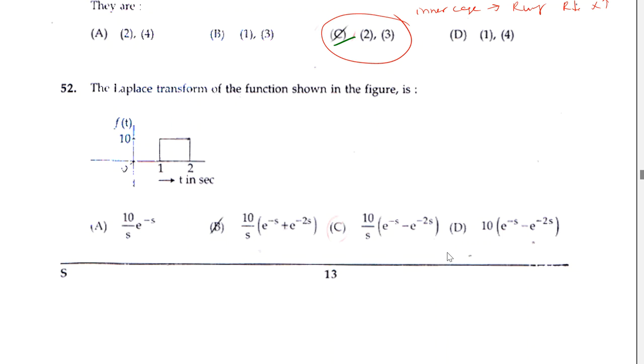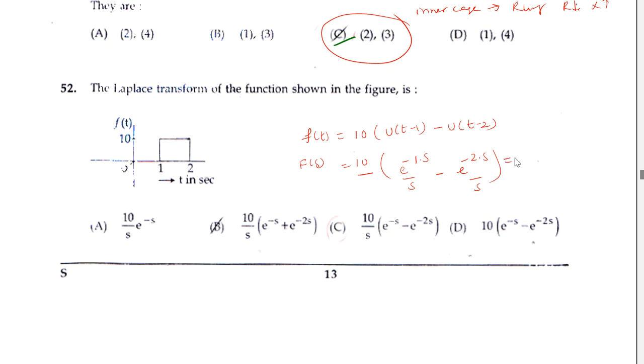The function f of t is equal to 10 times u of t minus 1 minus u of t minus 2. The Laplace transformation is 10 times e power minus 1 into s divided by s, minus e power minus 2 into s divided by s.